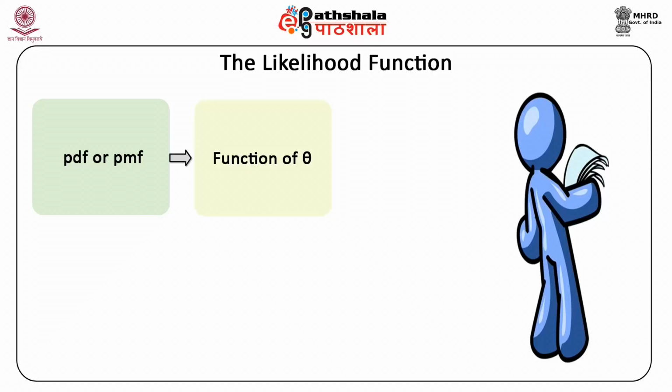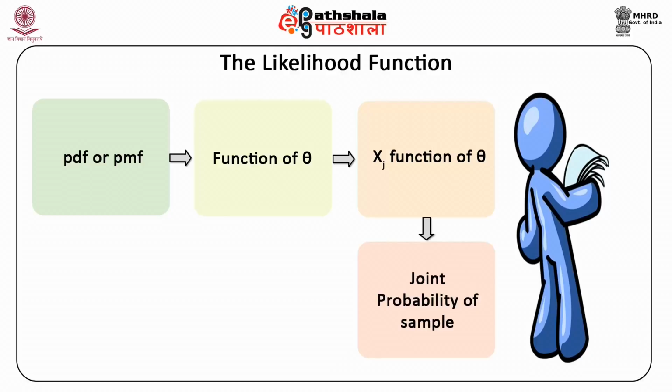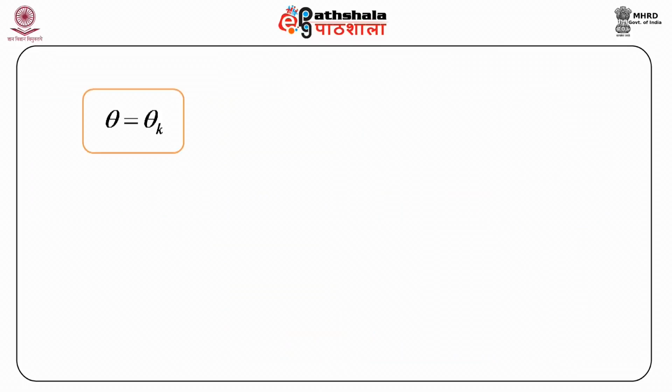Therefore, the probability distribution of the jth sample unit xj is also a function of theta. The joint probability of the sample, being a product of the probabilities of all sample units, must also be a function of theta.